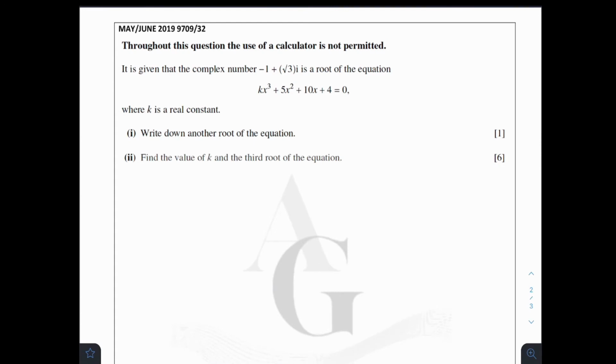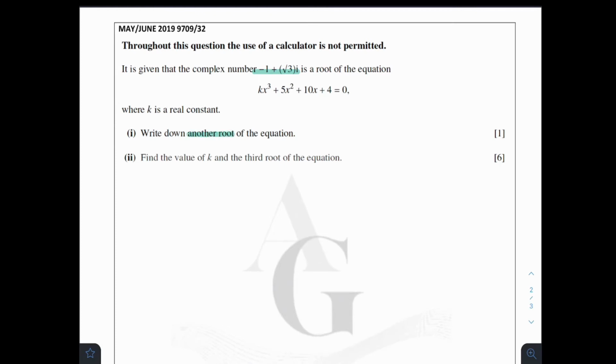Have a look at this one, May-June 2019, variant 32. Throughout this question, the use of a calculator is not permitted. It's given that negative 1 plus square root 3i is a root of the equation. In part 1, you are asked to write down another root of the equation.